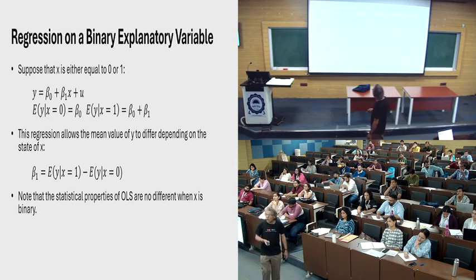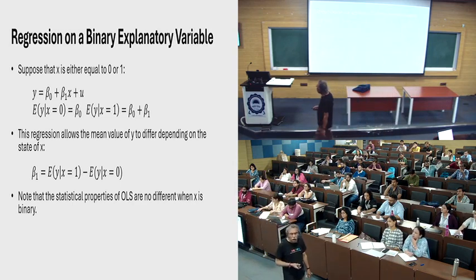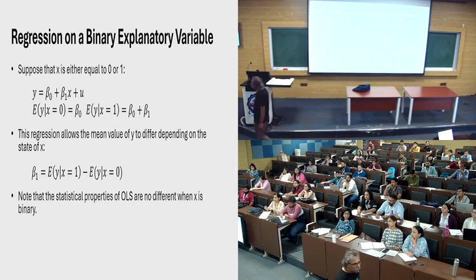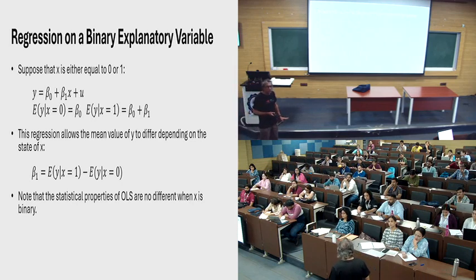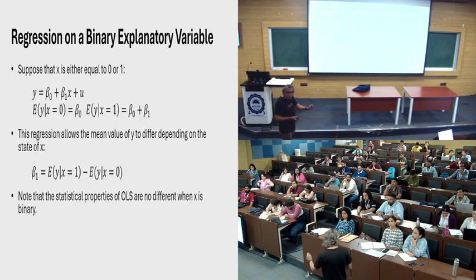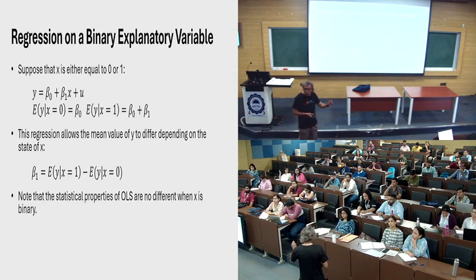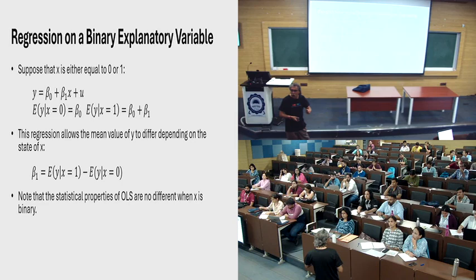Whether you have them or not, our focus is on x, and x is a binary. When the event kicks in, it takes the value of 1. When the event is not there, or you are not exposed to that event, the variable takes the value of 0.